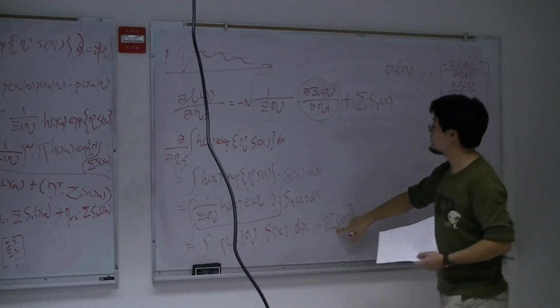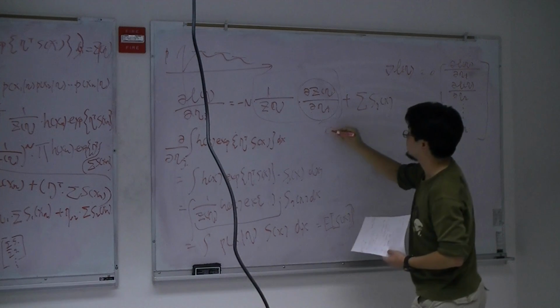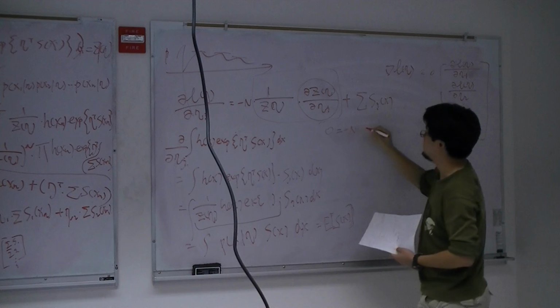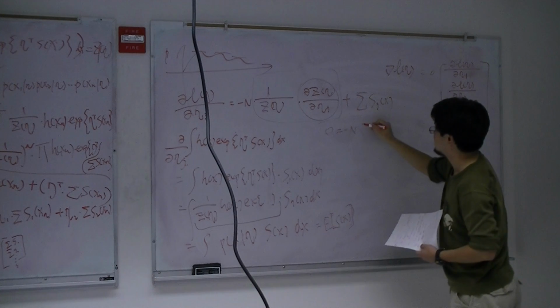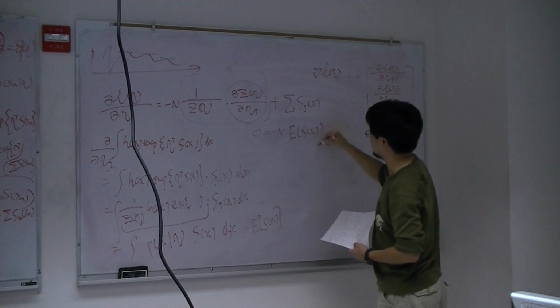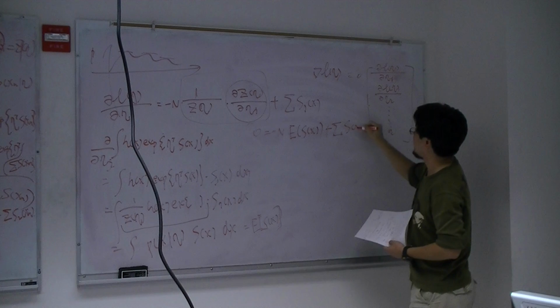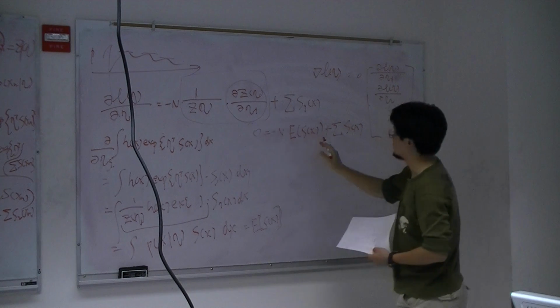If we substitute this part back to here and set it to 0, we have 0 is equal to minus n times the expectation of sufficient statistics plus this value, and equal to 0.